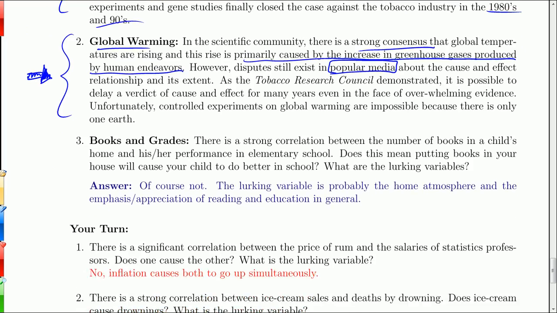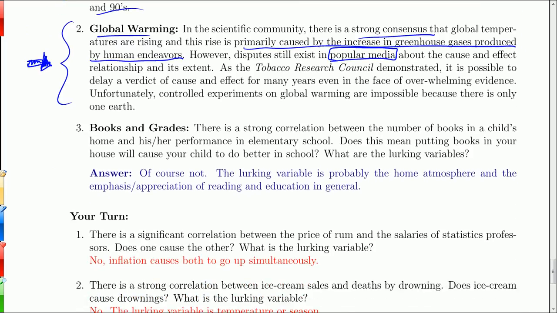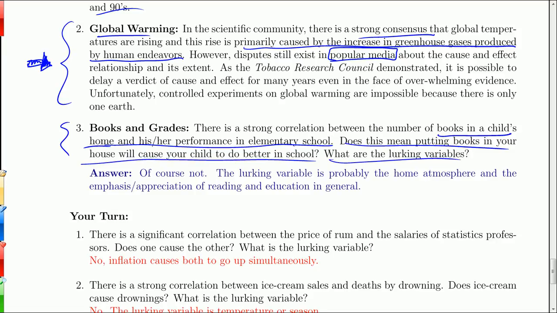All right, so here are some less heady examples. Books and grades. There's a strong correlation between the number of books in a child's home and his or her performance in elementary school. Does this mean putting books in your house will cause your child to do better at school? What are the lurking variables? Well, of course, you can't just throw a bunch of books in the home and then wait for the student to do better in school.